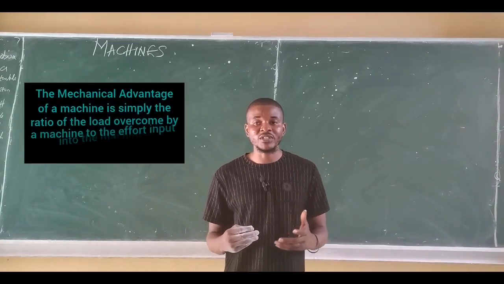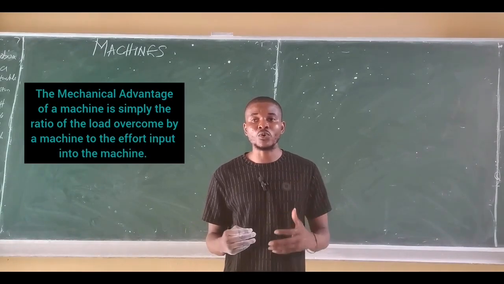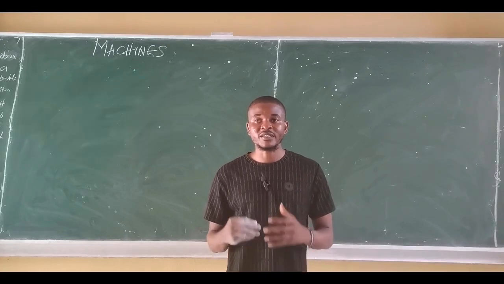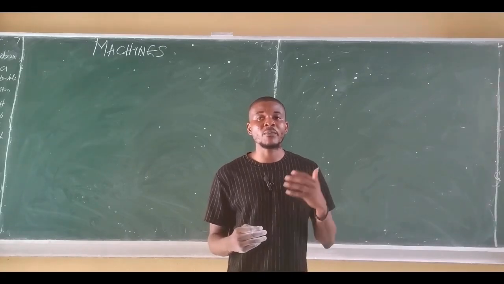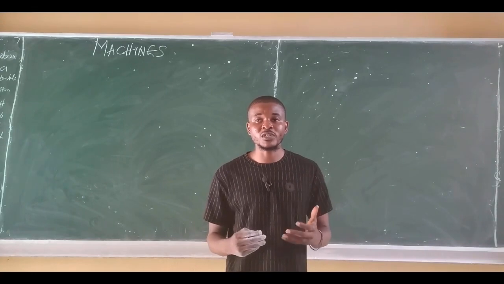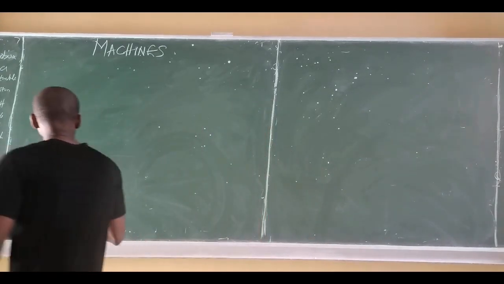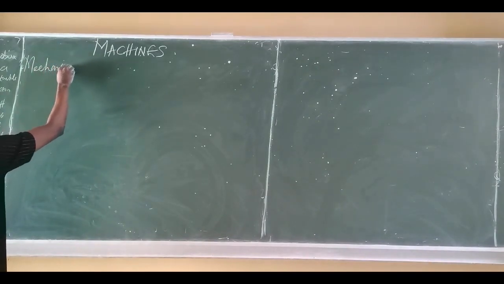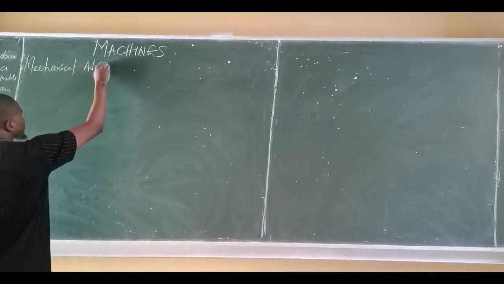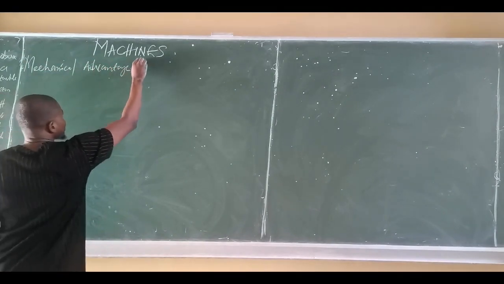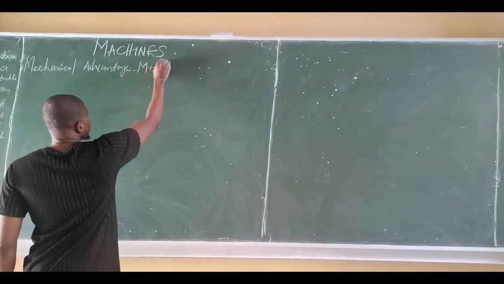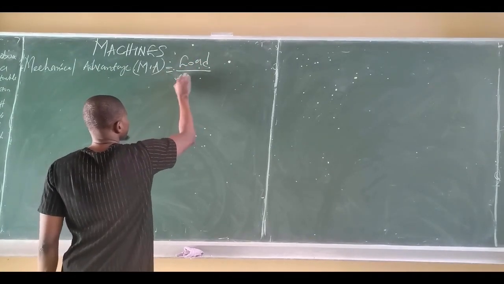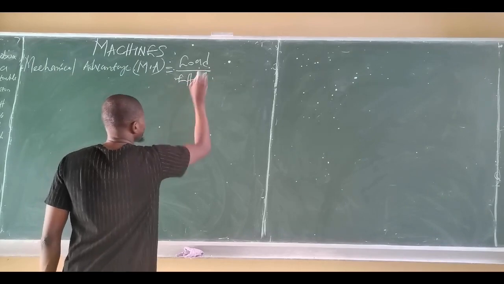The mechanical advantage of a machine is simply the ratio of the load overcome by a machine to the effort input into the machine. So mathematically, mechanical advantage, signified by M.A., is equal to the load overcome by the machine over the effort input into the machine.